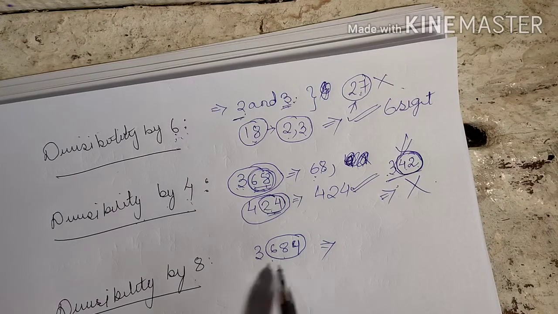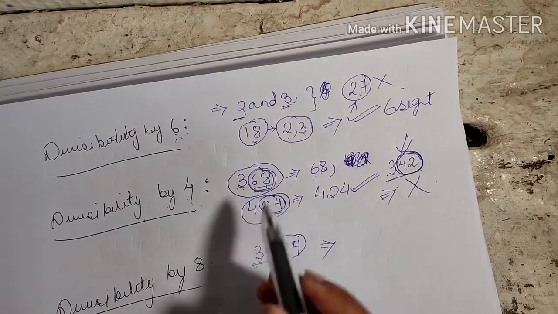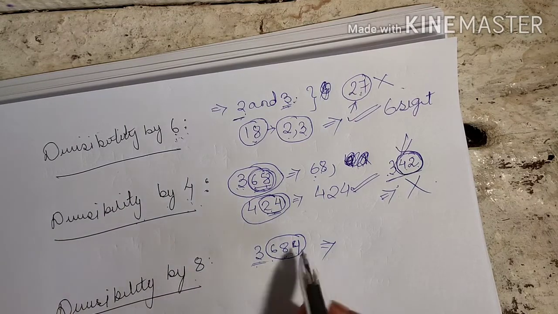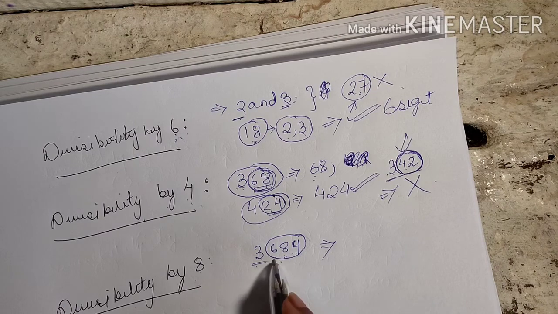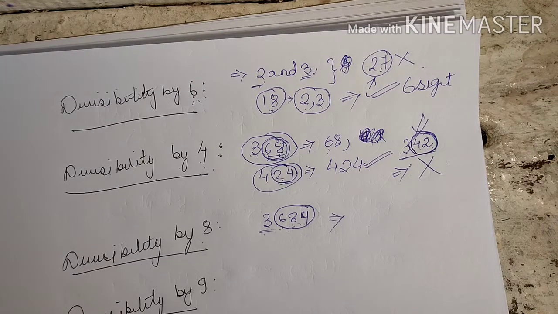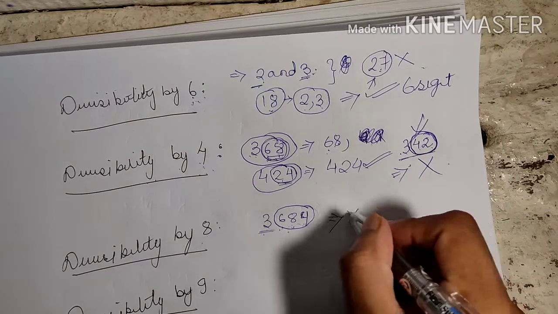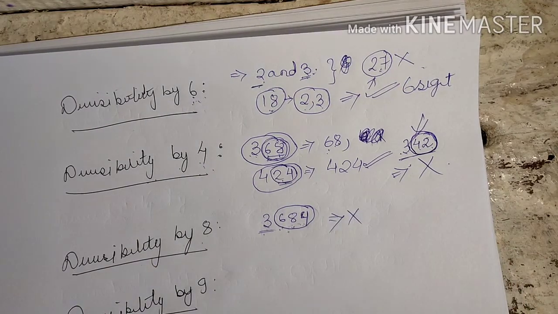If 684 is divisible by 8, then you can say that 3684 is divisible by 8. Is 684 divisible by 8? You will say that no, 684 is not divisible by 8. So the whole number is not divisible by 8.